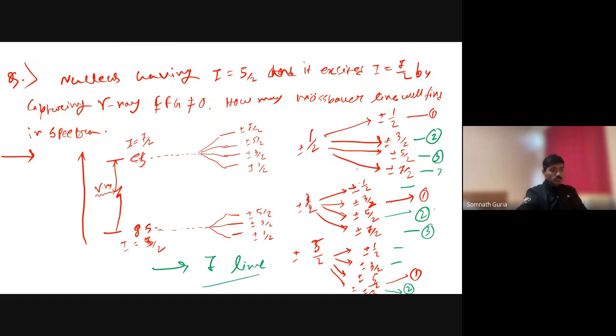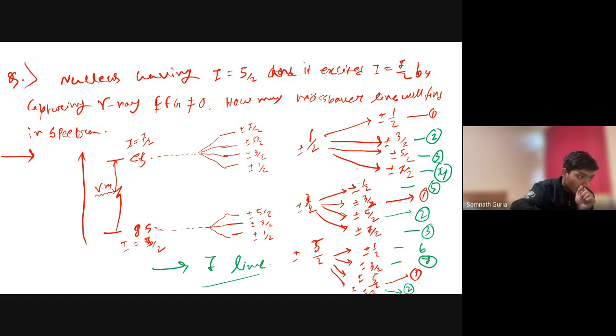Okay, so 1, 2, 3. This one will be my 4. This one 5, 6, and this is the 7. Okay, and I think we are doing something wrong. This 3 by 2 to 3 by 2, 2 half.